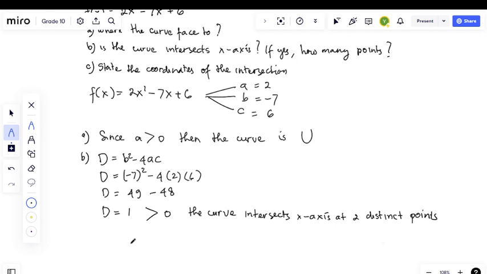Oke. Nah, state the coordinates of the intersections. Nah, kalau memotong x ya, if it intersects the x-axis, then y is 0. Maksudnya apa nih, Mister?